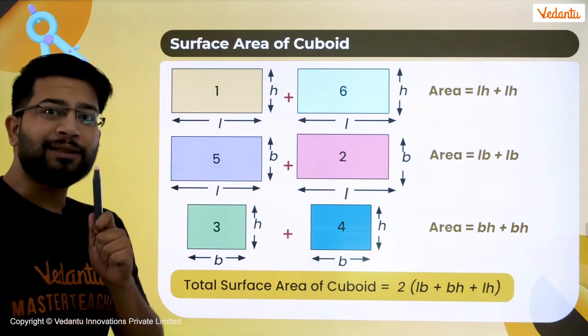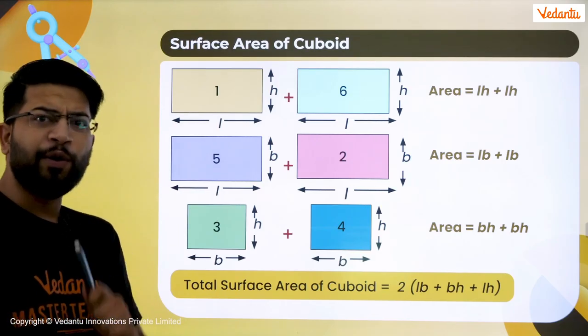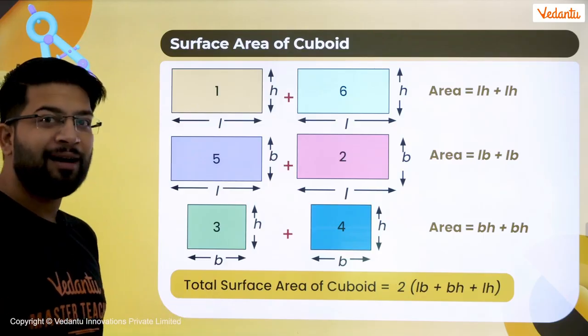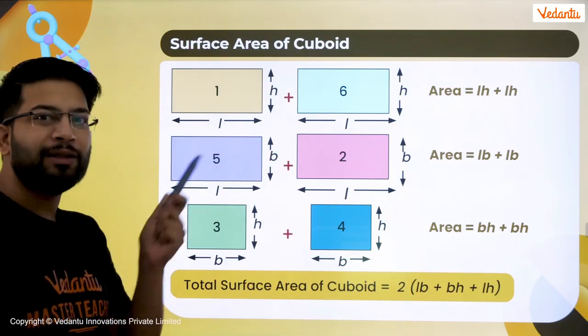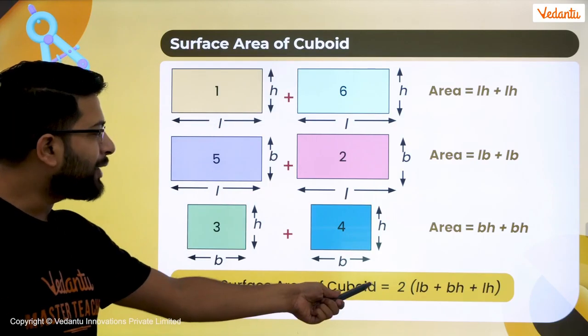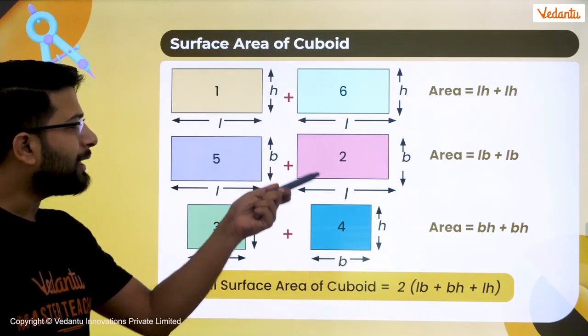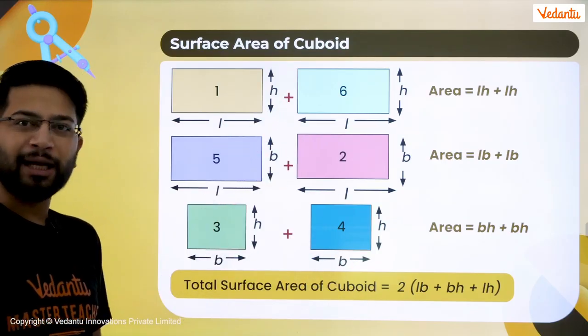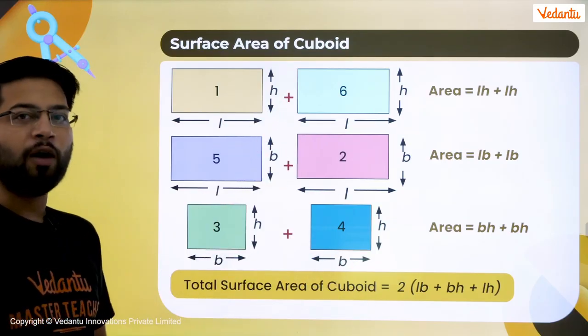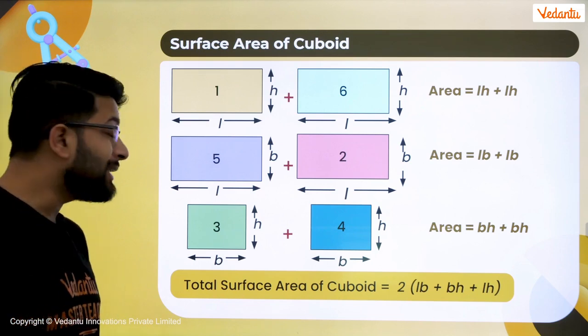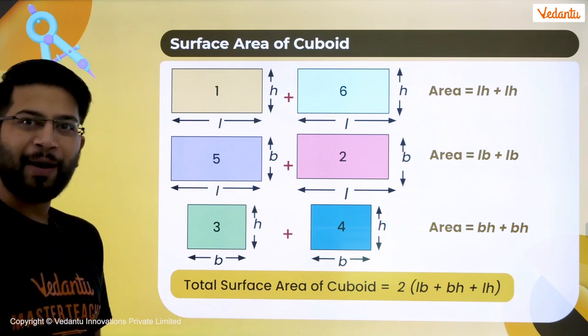So now there are a total of 6 faces. I want to find the total surface area. So I will add all these areas and I will get 2 times LB plus BH plus HL, the surface area of the cuboid. But this is the total surface area, right?